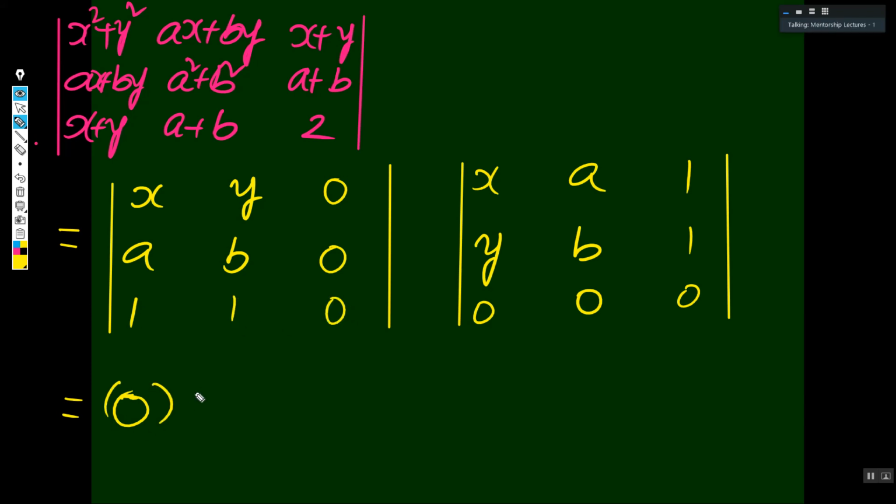So 0 into 0, answer 0. It is not depending on any one of x, y, a, b. So all are P, Q, R, S. Clear, everyone? Just think of this also, revise this also. Any determinant can be written as the product of two determinants.